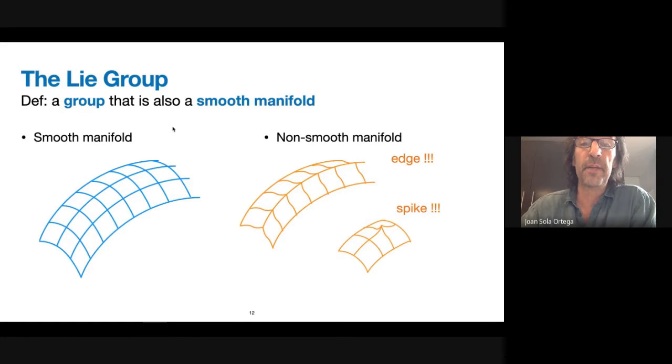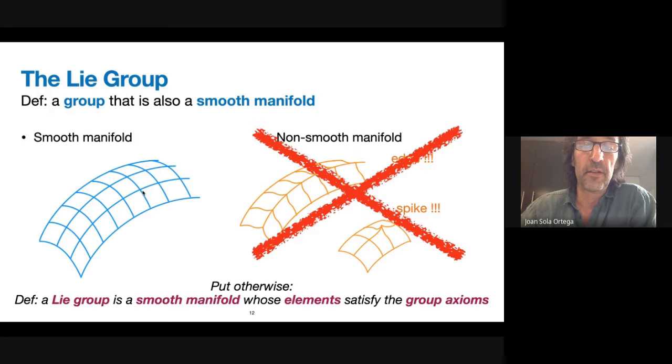That was 1 dimension, okay? And smooth means that this manifold, this surface, has no edges or spikes. Okay, this is very important. So we don't consider this kind of manifold. We consider the manifolds that are smooth. Of course, you can define a smooth manifold through mathematical axioms and properties.